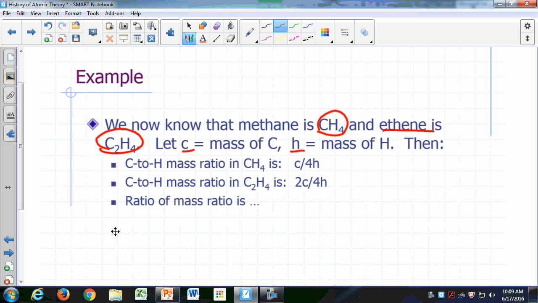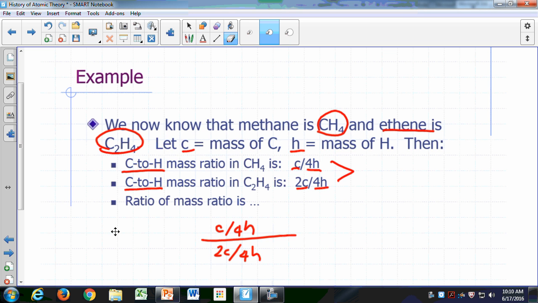Then, the carbon to hydrogen mass ratio in CH4 is going to be the mass of one carbon to the mass of 4 hydrogen atoms, so c/4h. The carbon to hydrogen mass ratio in ethene would be the mass of 2 carbon atoms divided by the mass of 4 hydrogen atoms. So what happens if you take a ratio of these two ratios? You have c/4h over 2c/4h.